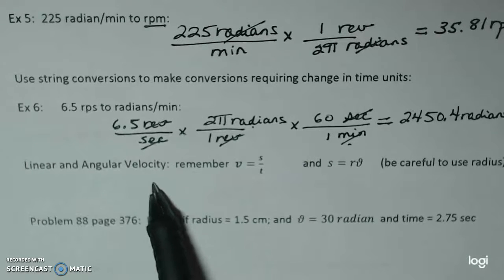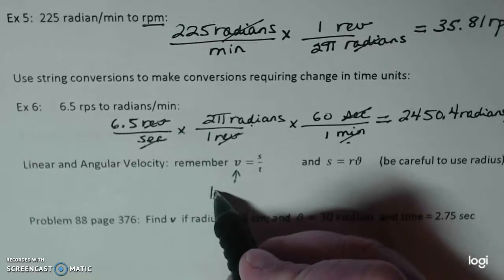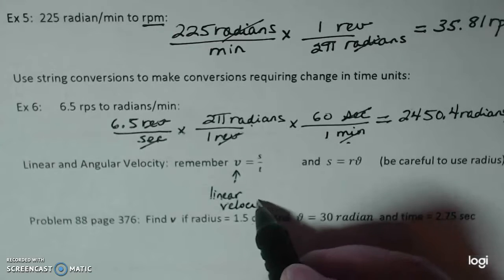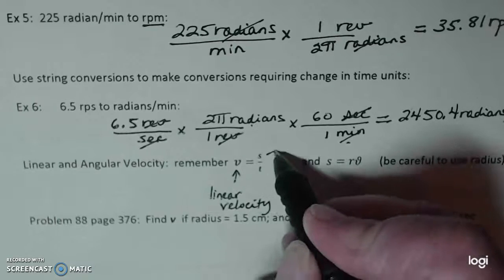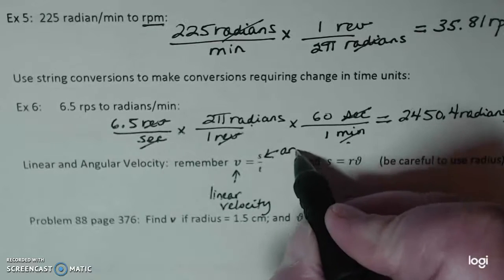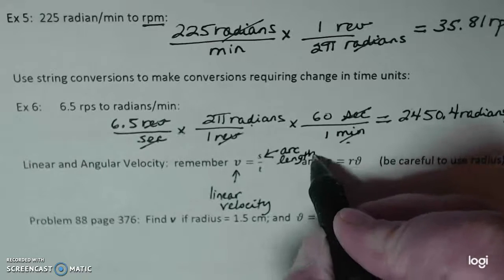Let's look again at linear and angular velocity conversions. So remember, V stands for linear velocity, and that can be found by taking arc length or distance traveled and dividing by time. So whether you want to think of that as arc length or distance traveled, that's your choice.